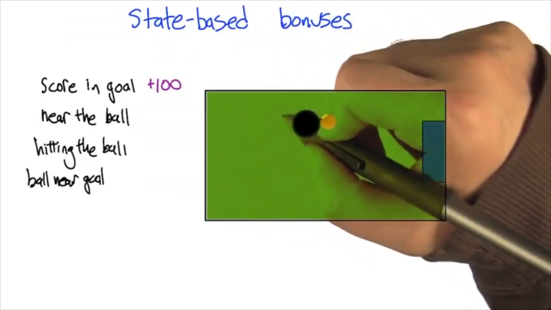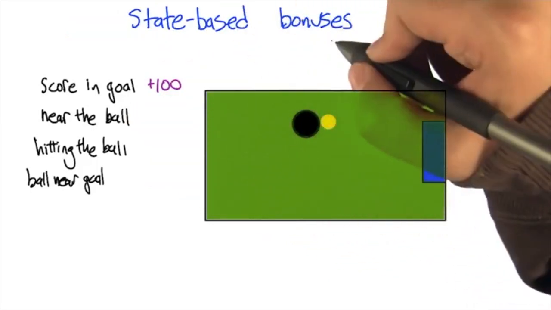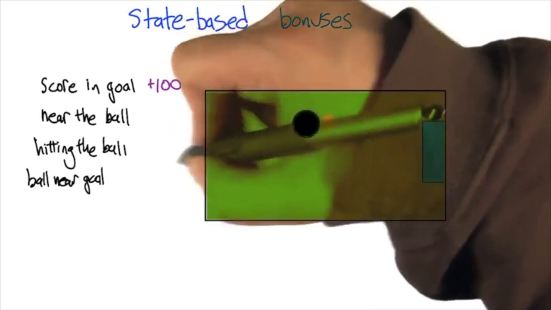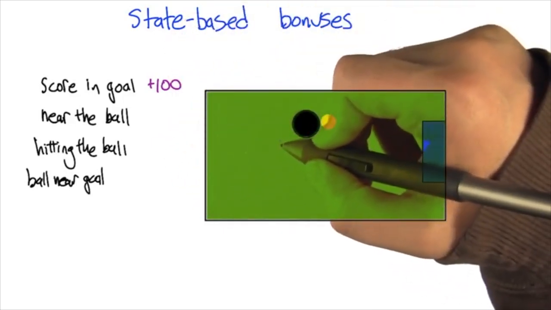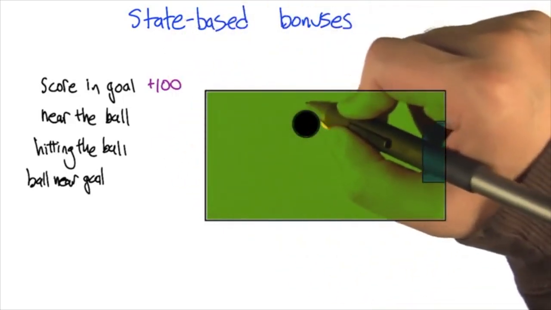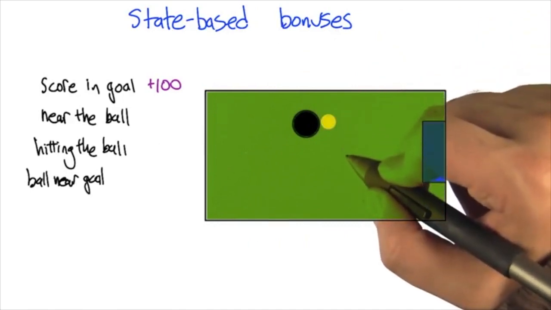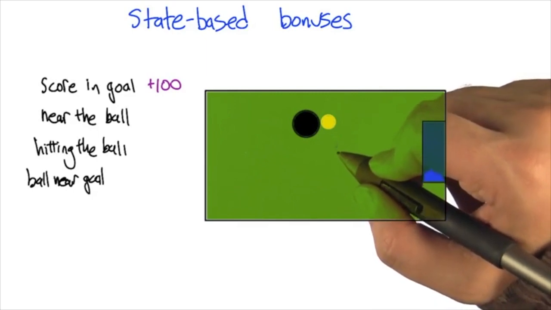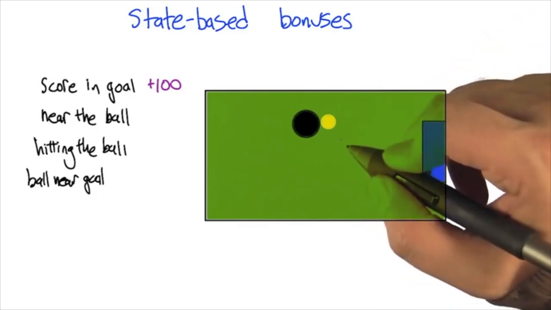So to make this all work out, what we're going to do is introduce state-based bonuses. The idea is that instead of just giving little bonus rewards every time that you do a certain thing, we're going to keep track of what the state of the world is. And as we move to states of the world that are more desirable, we're going to get reward for that, which I guess is not that different from what we had before.